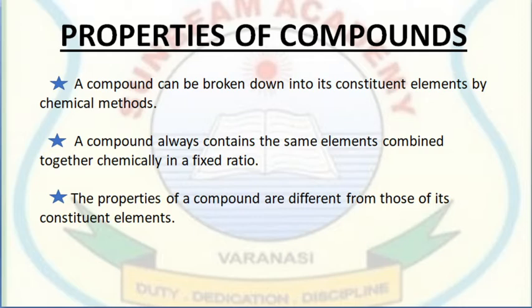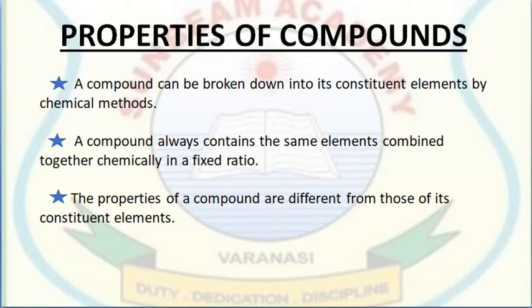For example, each water molecule is made up of two atoms of hydrogen and one atom of oxygen. The water can be broken down into the elements hydrogen and oxygen by passing electricity through water.